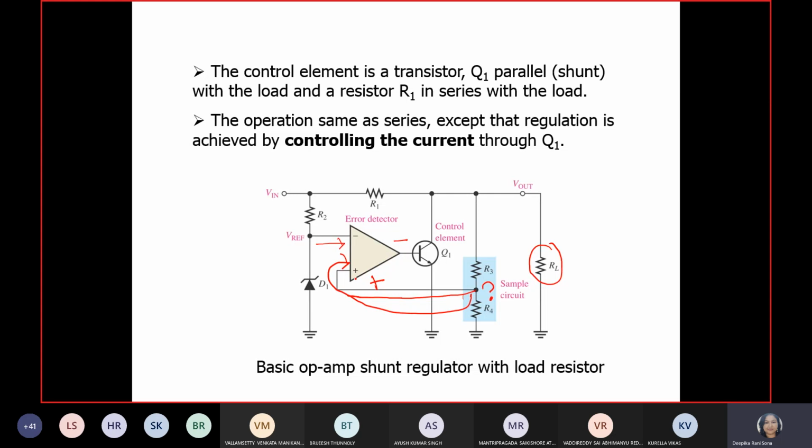Now this part is non-inverted, means positive, and this part is negative. As we know this part is higher than this part, we need not bother about the change in this negative input voltage, because this is always high. And it is clear that the emitter is grounded. Now which voltage will control the output? The collector voltage VC will control the output.